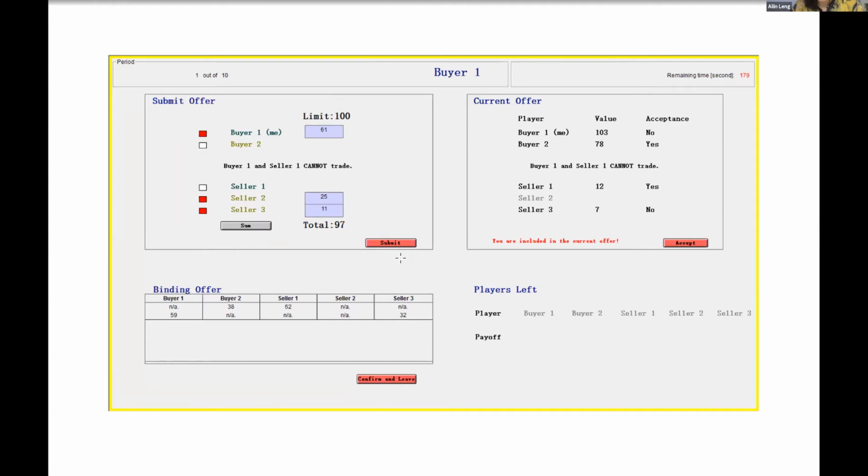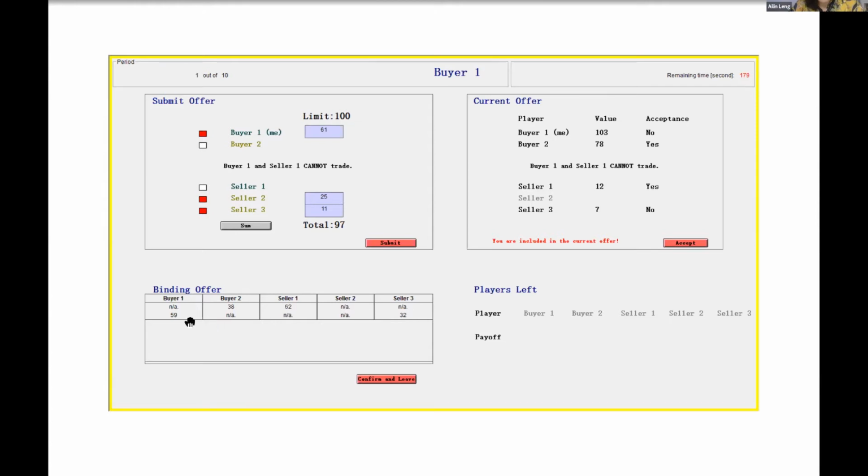A player is committed to the offer in the following sense. First, a player automatically accepts his own submitted offer. And if a player accepts an offer or submits an offer, he must remain quiet until the offer becomes binding or is replaced by another player's submitted offer.